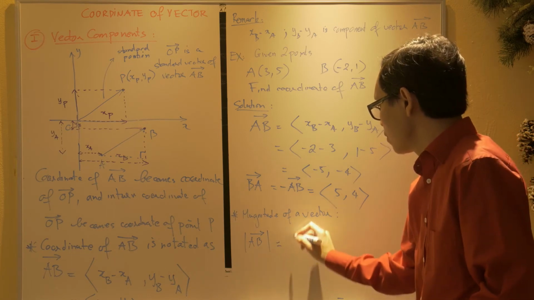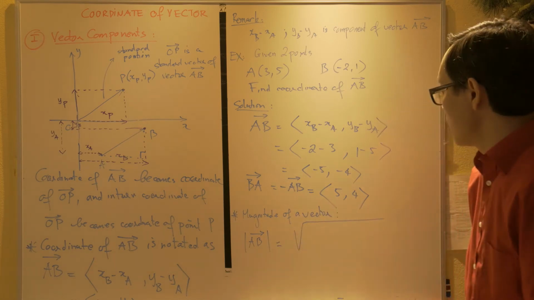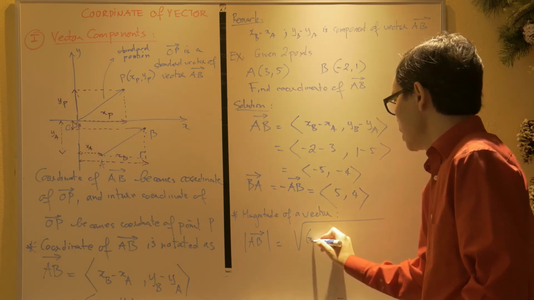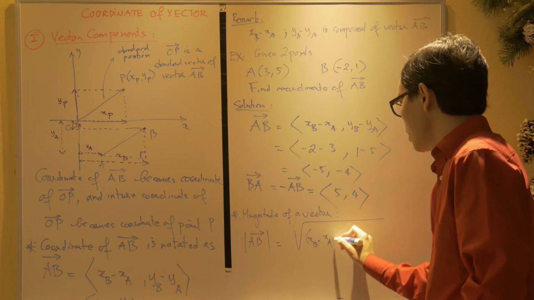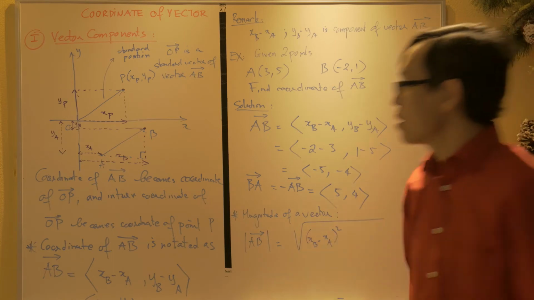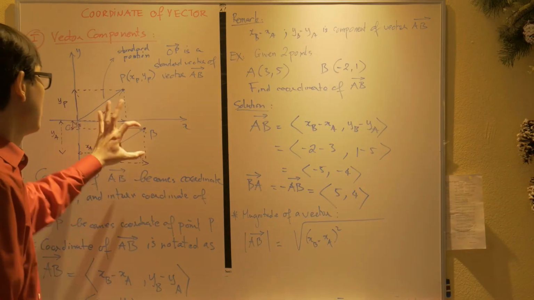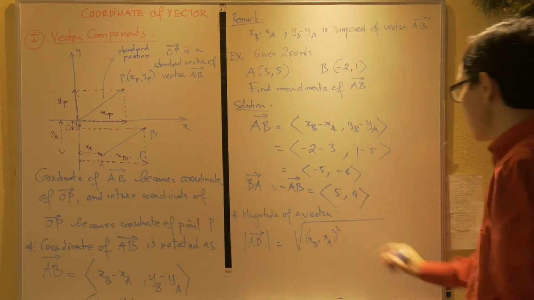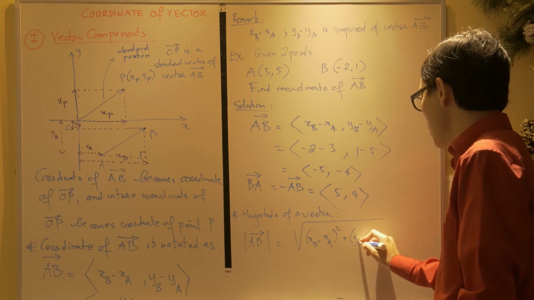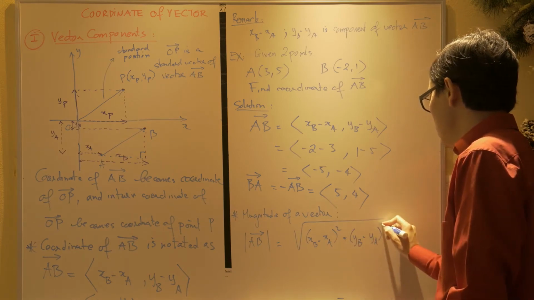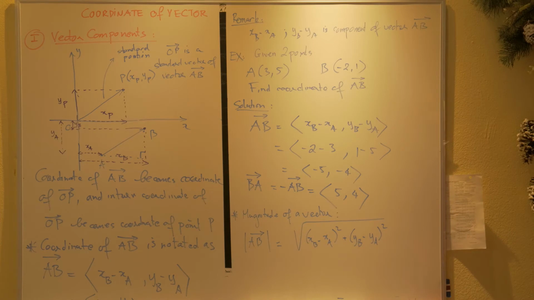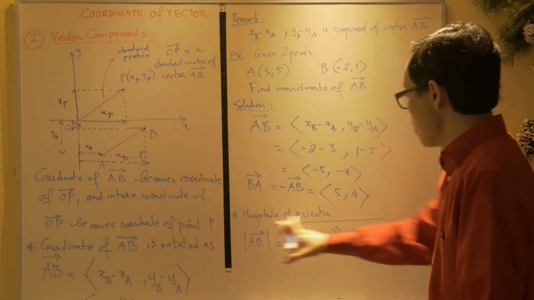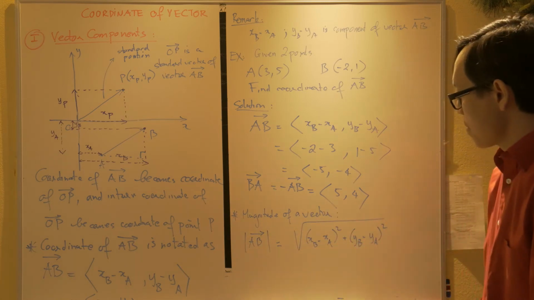It's equal to the square root of (xb minus xa) square plus (yb minus ya) square. I apply the Pythagorean theorem, so it's nothing else, it's just applying the Pythagorean theorem, and this gives you the magnitude of a vector.